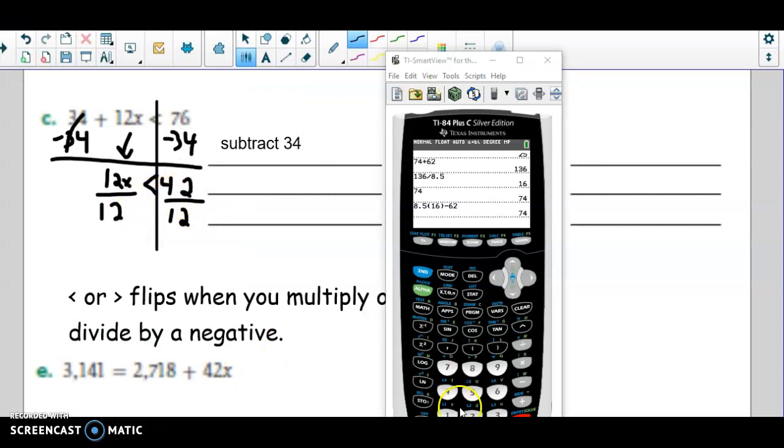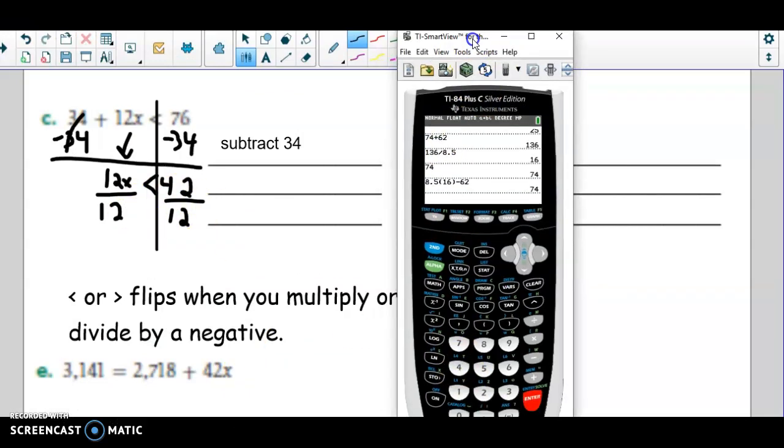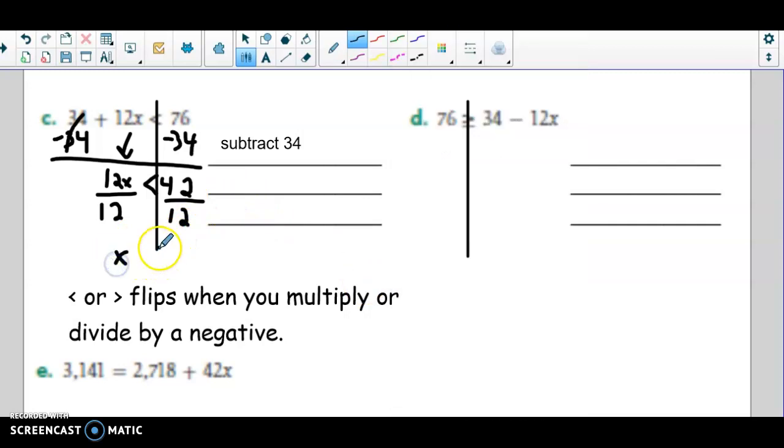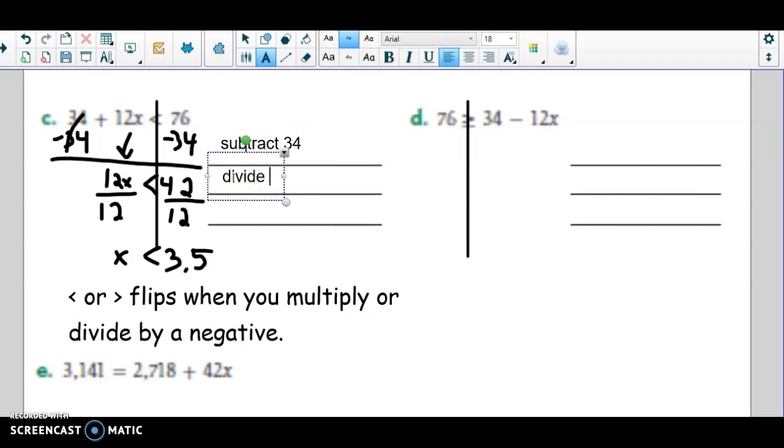I would do 42 divided by 12, and I get 3.5. So I get x is less than 3.5. Let's make sure we write down our steps, what we did. So we divide by 12.